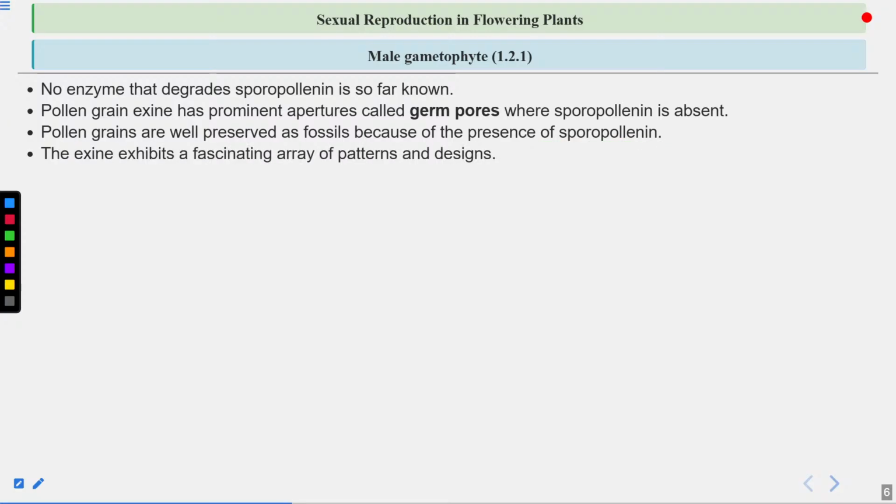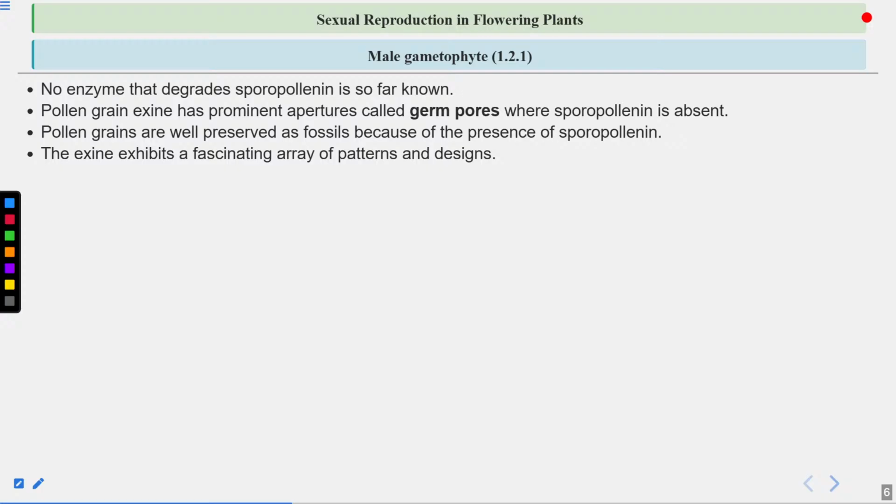The exine exhibits a fascinating array of patterns and design. Now, the inner wall is called the intine. When you see the exine structure, it has a particular pattern or design over its wall. So this is also one of the features of the exine.